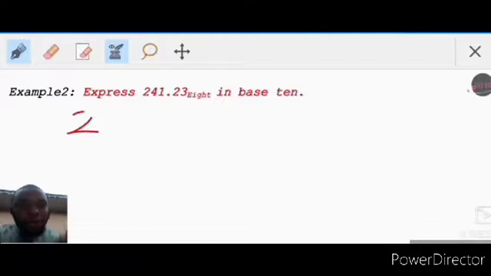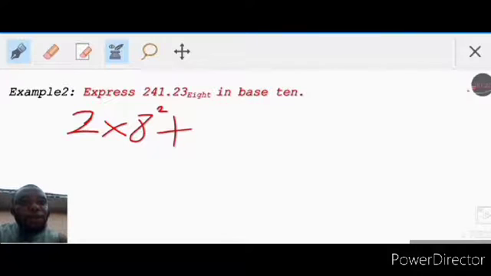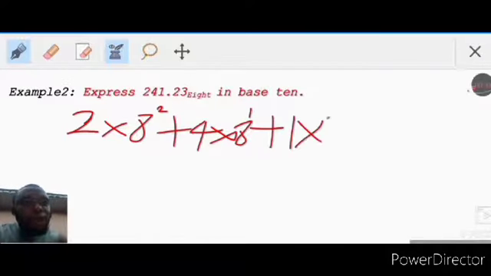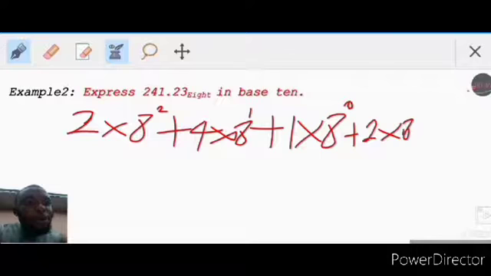We have 2 times 8 raised to power 2, plus 4 times 8 raised to power 1, plus 1 times 8 raised to power 0, plus 2 times 8 raised to power minus 1, plus 3 times 8 raised to power minus 2.